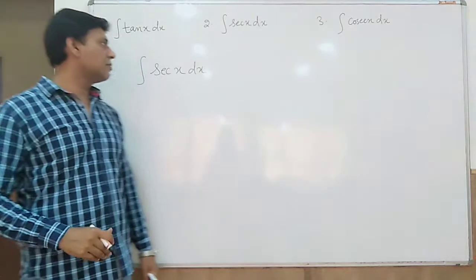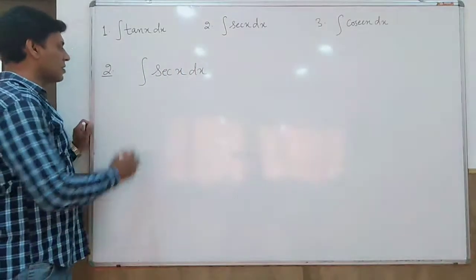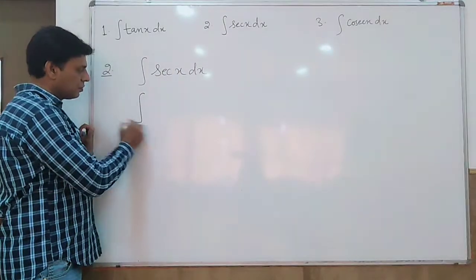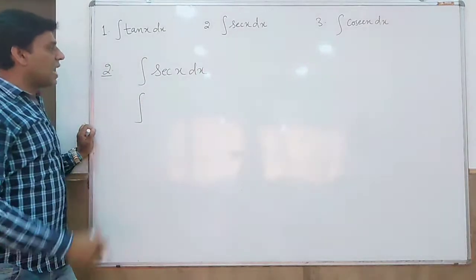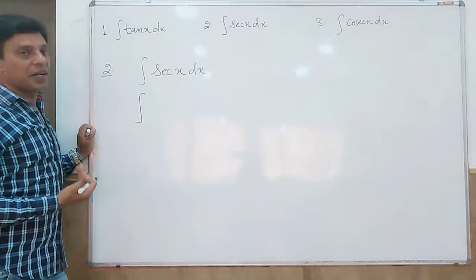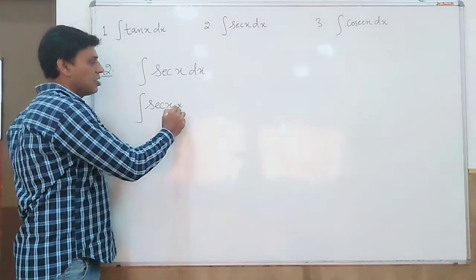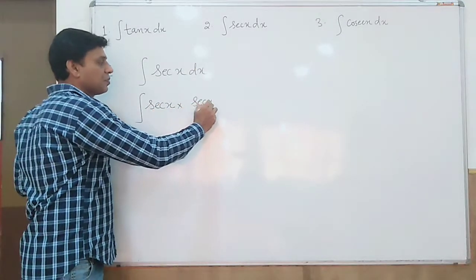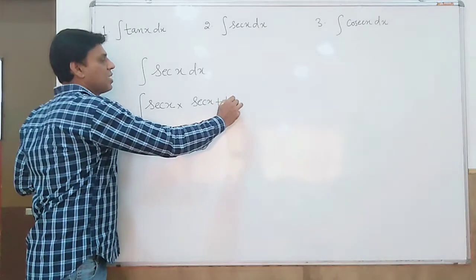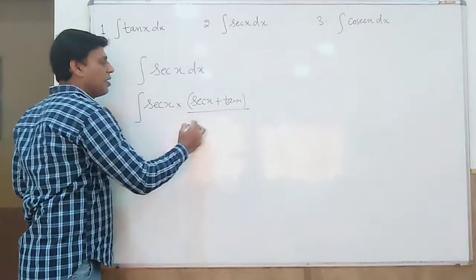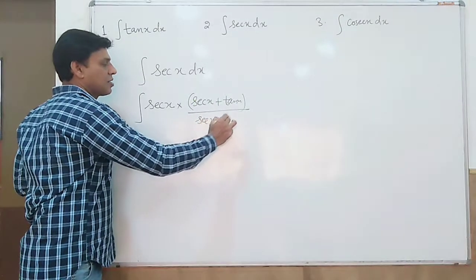Now the second question, integration of sec x dx. We have to deal with this question smartly. See, we multiply sec x by sec x plus tan x and divide by sec x plus tan x.